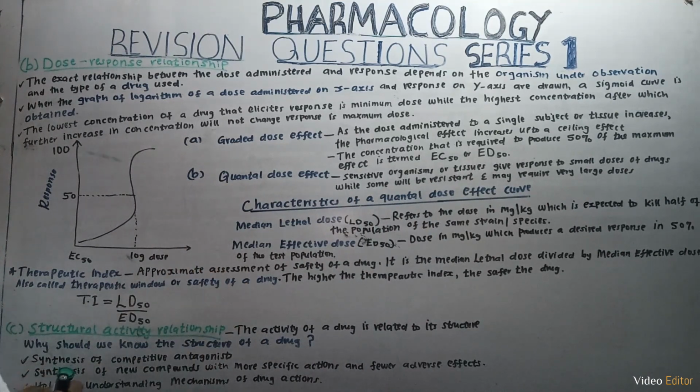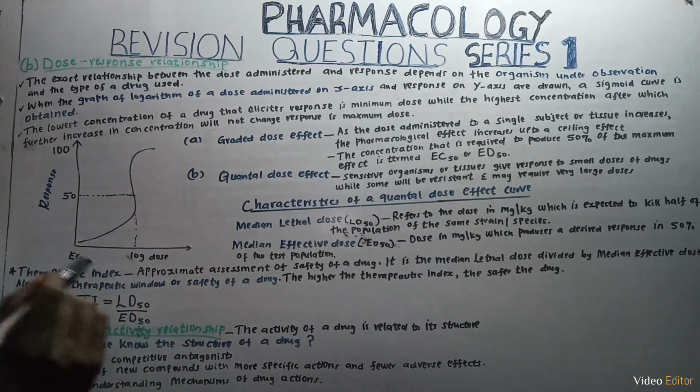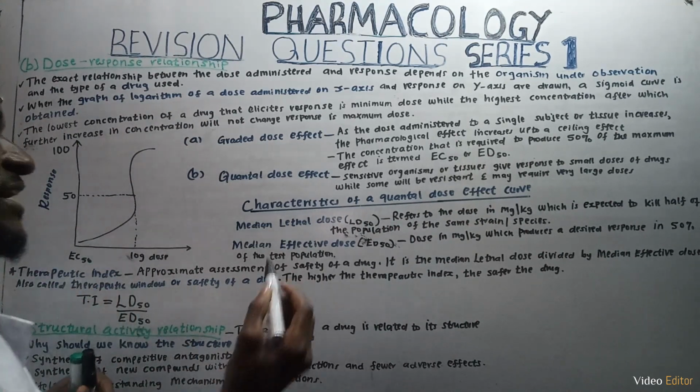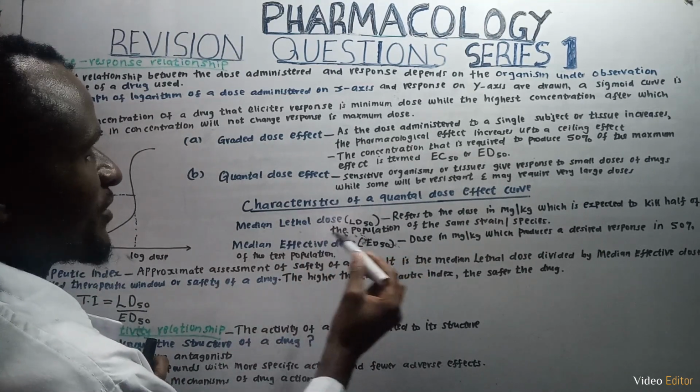So we go to the characteristics of our control dose effect curve. As we've just discussed, we have median lethal dose and median effective dose. From the word lethal, lethal means to kill.